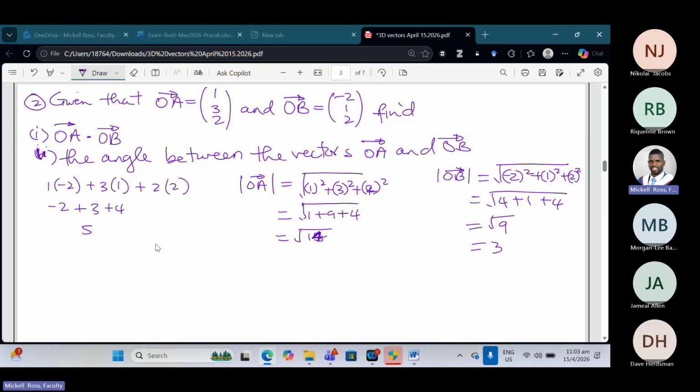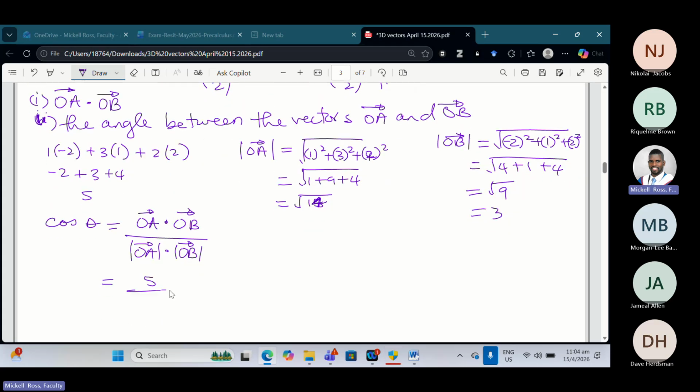All right, so cos of the angle is going to be equal to the dot product of the two vectors over the product of the magnitudes of the two vectors. So this is going to be equal to 5 all divided by 3 times root 14.